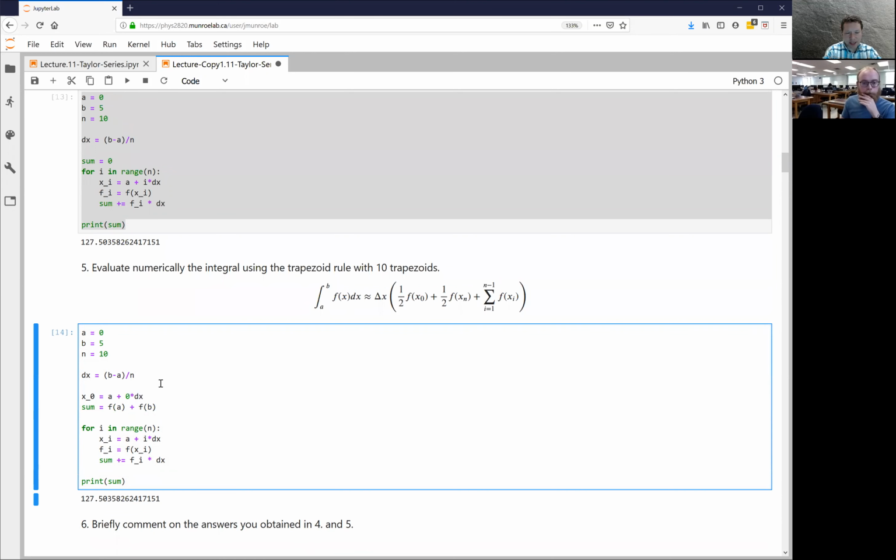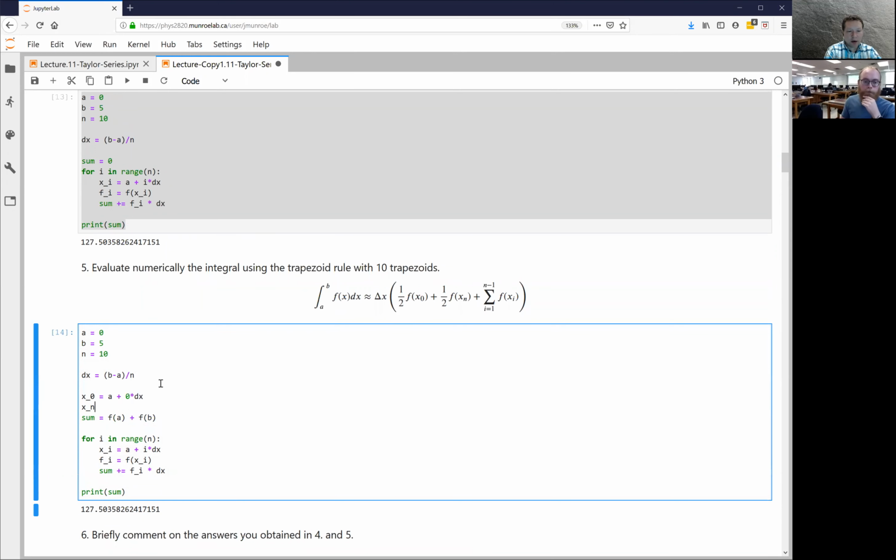Now, that's just the same as a. xn is equal to a plus n times dx, right? That's the general pattern for any point. But because of how we define dx, this first one is just the same idea as a, and this second one is just the same idea as b. What we do is we evaluate the function at the first point and the last point, and then we want to divide each one of those things by 2.